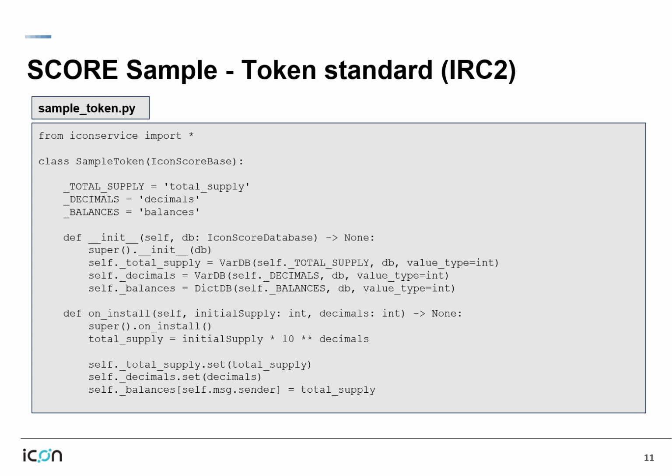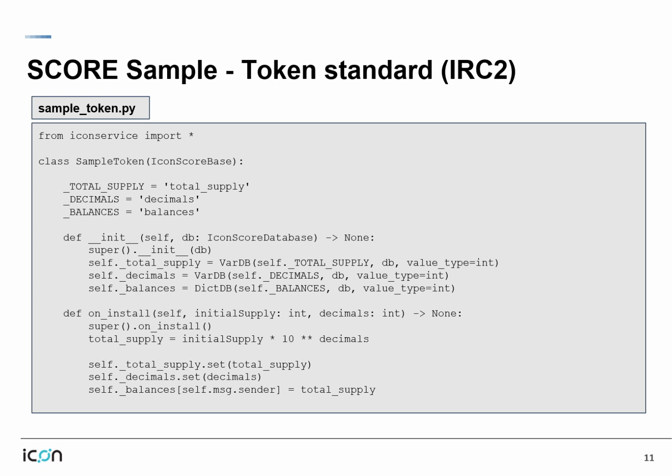Let's look into the actual implementation of the token SCORE. from iconservice import * is the default import declaration of a SCORE. Due to the sandbox policy, package import is prohibited except iconservice and the files in your deployed SCORE folder tree. The SampleToken class must inherit the IconScoreBase class.